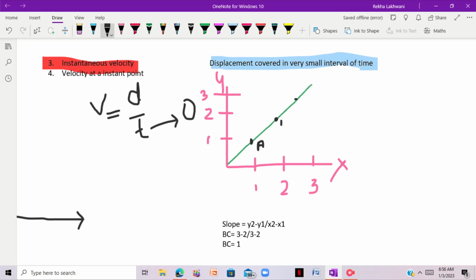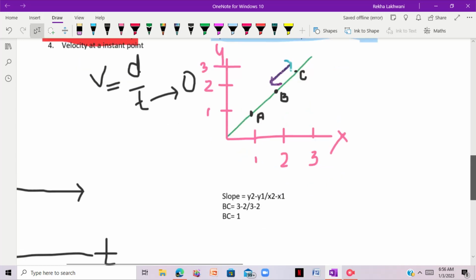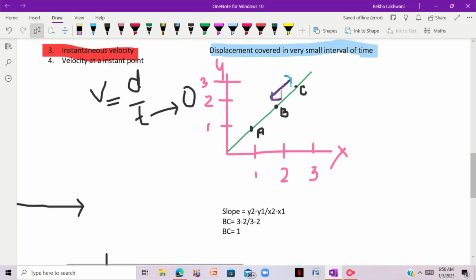As you can see, this is on number 2 and this is on number 3. And x2 is basically on number 3, and x1 is on number 2. So when we divide, we'll get 1. So the answer for the graph of uniform velocity will always be 1, right? It will always be 1.